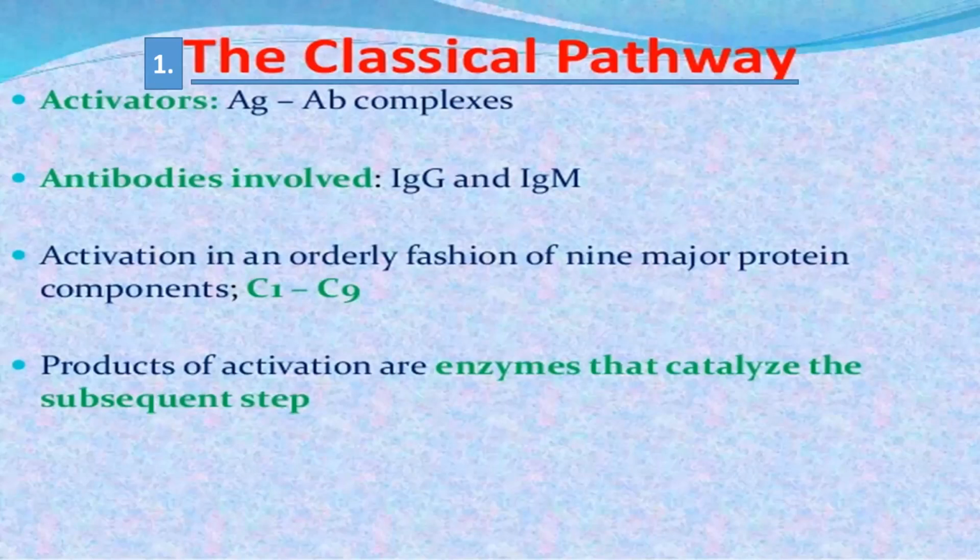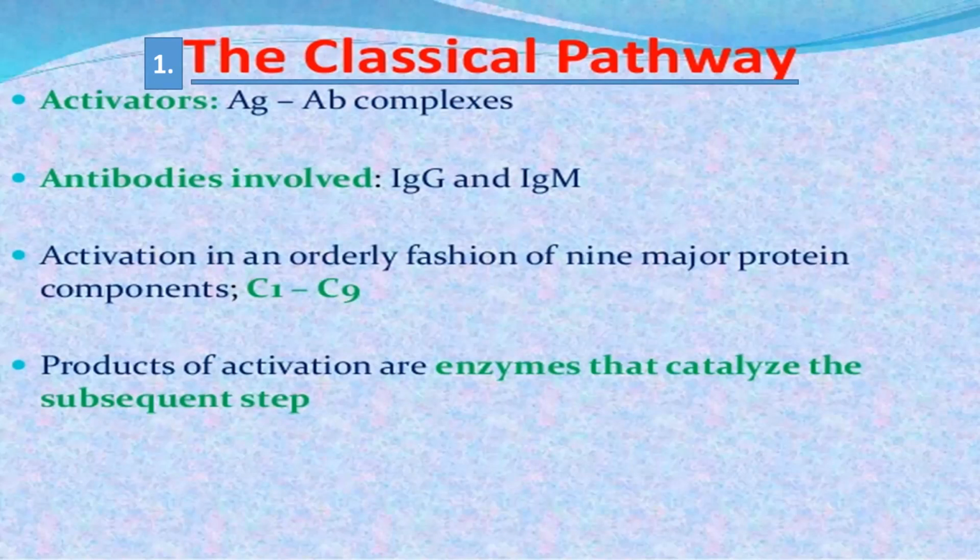The classical pathway: the activator is the antigen-antibody complex, and the antibody involved is IgG or IgM only. Only these two. If IgM is involved, only one IgM antibody is needed in this classical pathway.